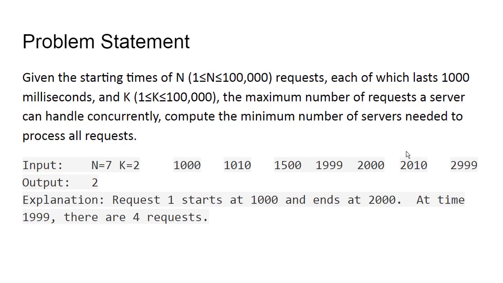So we still have 4 requests active. And then at time 2,500, this request is also no longer active. We only have 3 requests active. And then at time 2,999, this request finishes, and this request becomes active. So the most we can have of concurrent requests is 4. That means we only need 2 servers to be able to handle it.